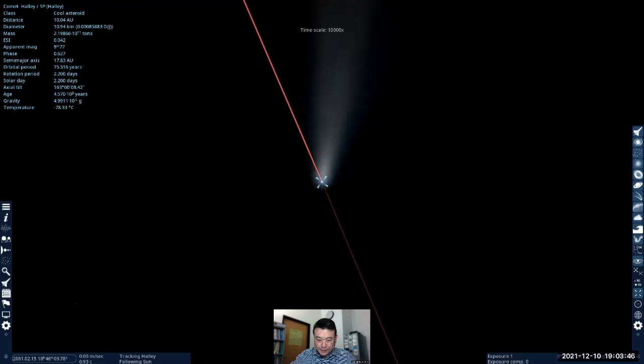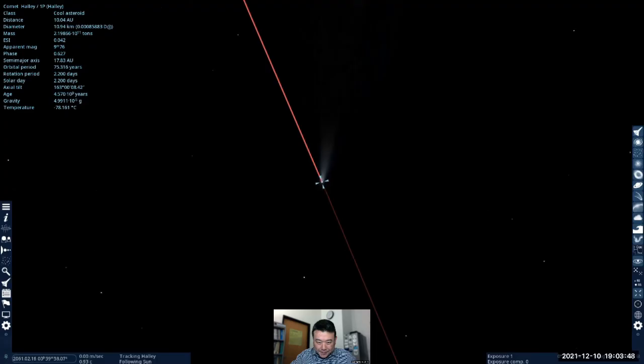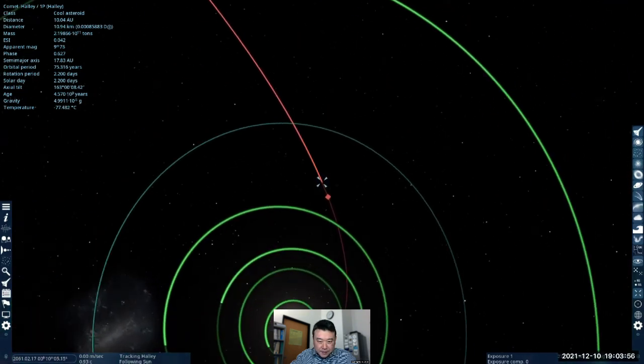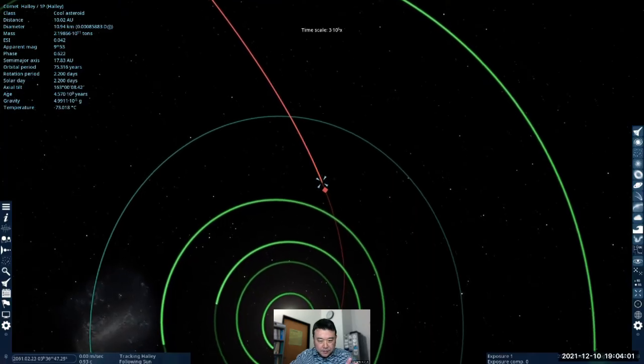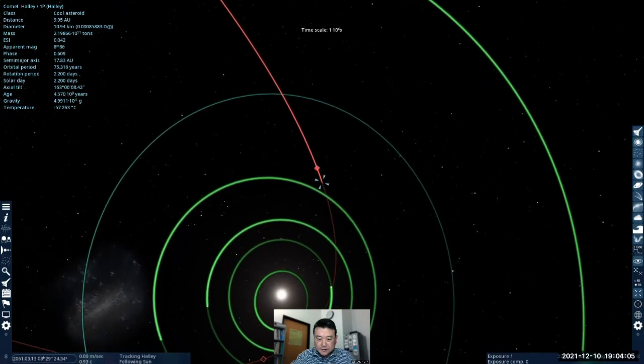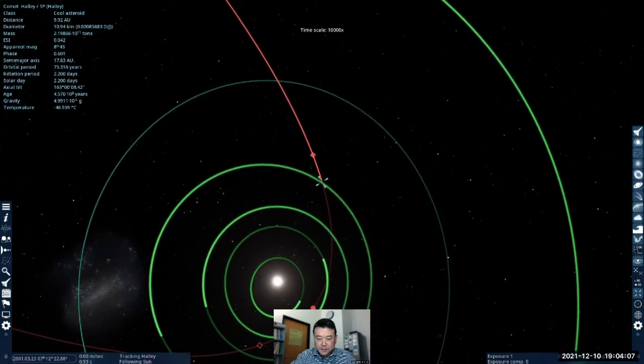Okay, I'm gonna zoom out a little bit because I can't tell where the comet is in its orbit. Okay, it's still beyond the orbit of Mars. Let me just track it until it's inside the orbit of Mars. So somewhere here.